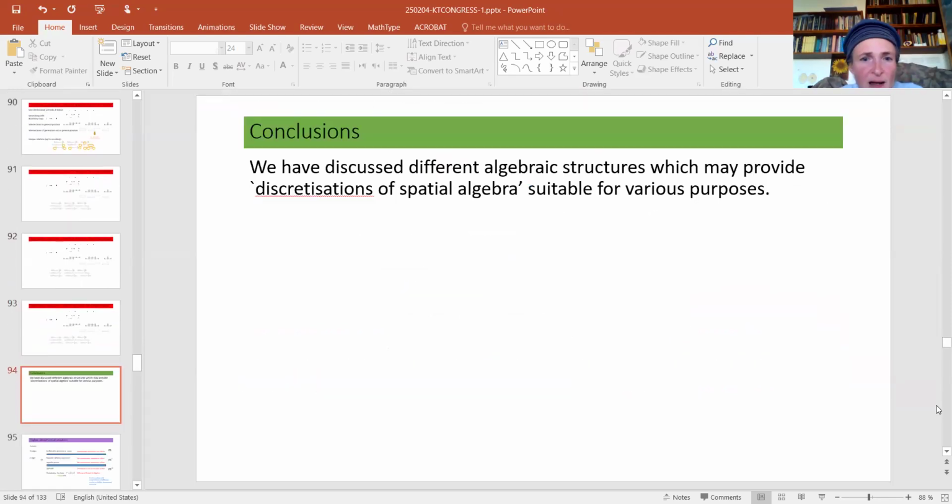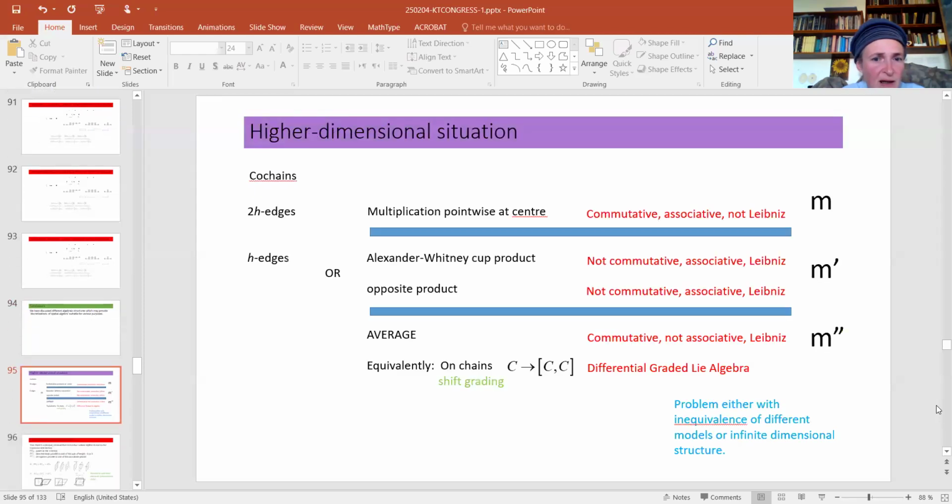Okay, so to conclude, we've given various algebraic structures. I guess I really talked about only one, this final one, which gives discretizations of spatial algebra.